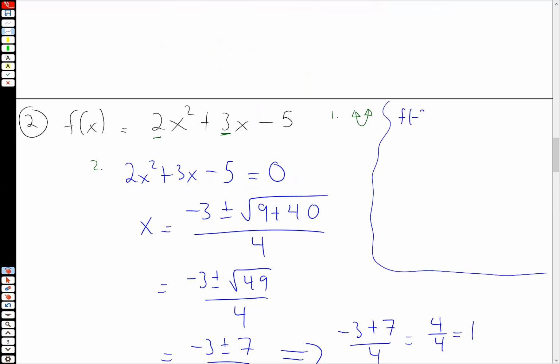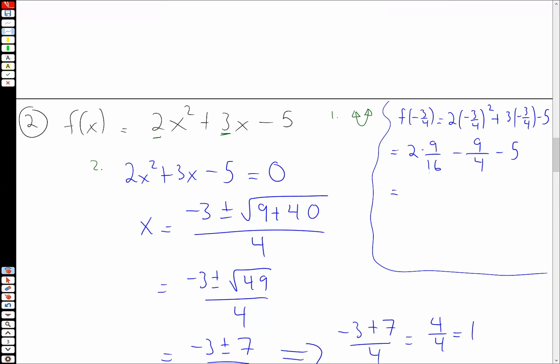So f of -3/4 is 2 times -3/4 squared plus 3 times -3/4 minus 5, which is 2 times 9/16 minus 9/4 minus 5. Now remember, for fractions, we need to get the same denominator here.